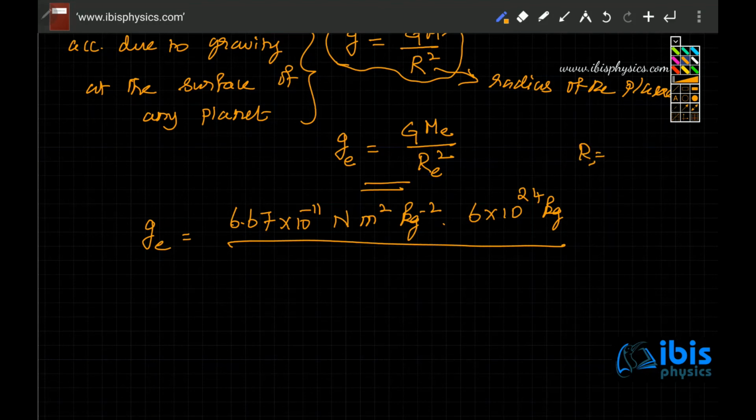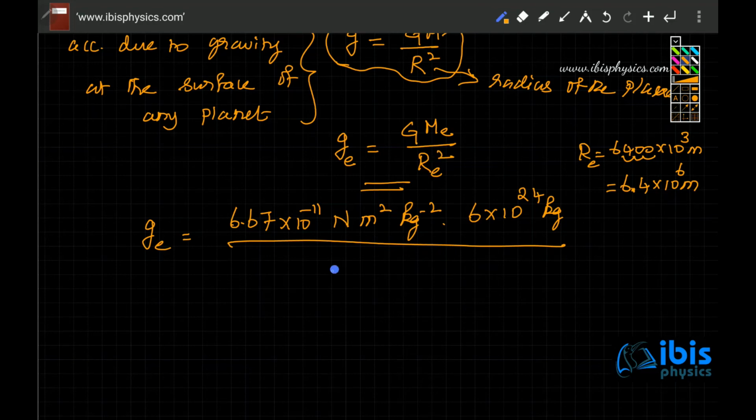Radius of the Earth is 6400 kilometer. Kilometer means 10 power 3 meter. So it is 6.4, because I am moving 3 digits here, so 3 will be added to the power: 6.4 into 10 power 6 meter.